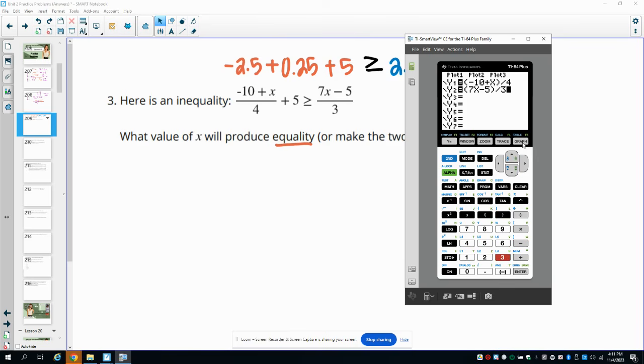Let's see what we did wrong. That should be negative. Okay, so we can graph these and see where they cross.